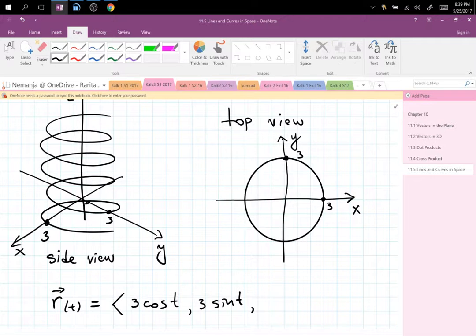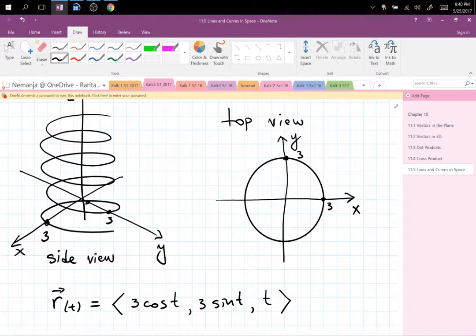Now, when I look from the side, I see a constant rise. So I'm going to call that just t. It's rising.